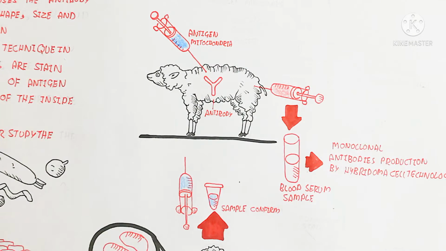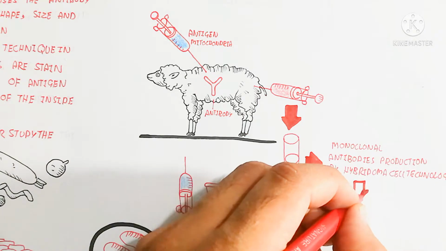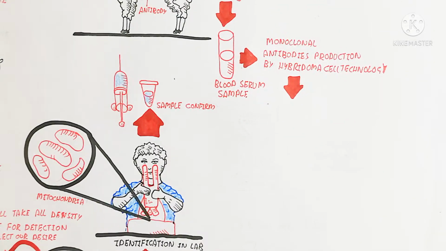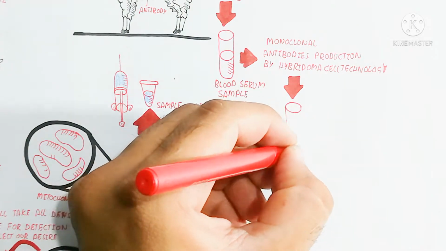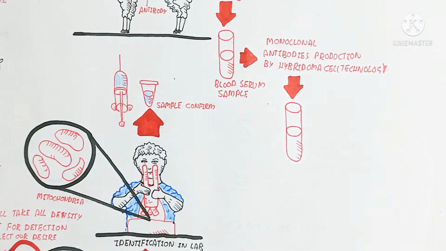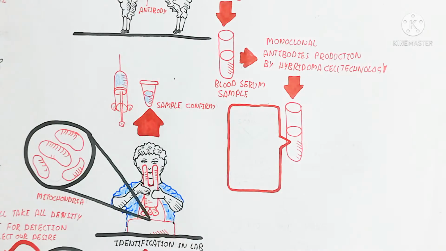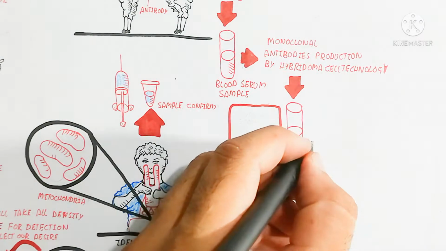So the blood serum sample will contain different types of antibodies, but the mitochondrial antibodies are also present. That antibody is our desired one for checking.